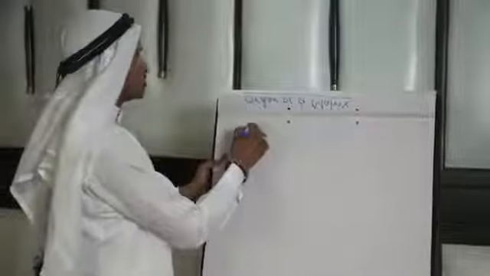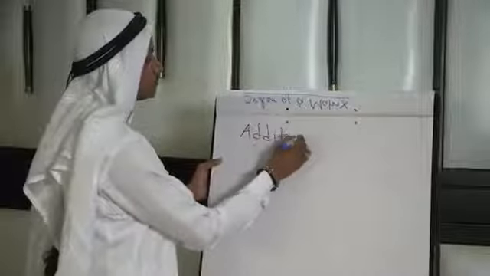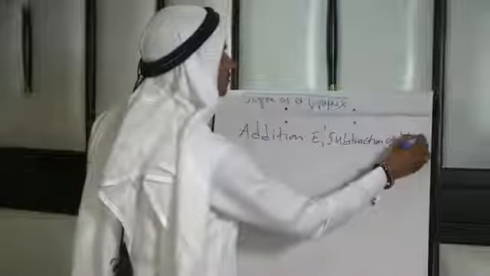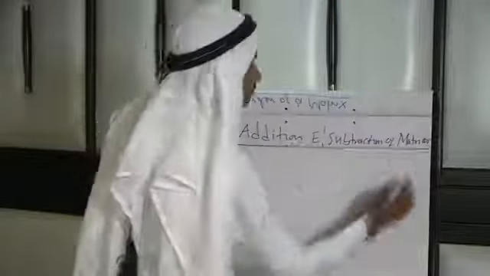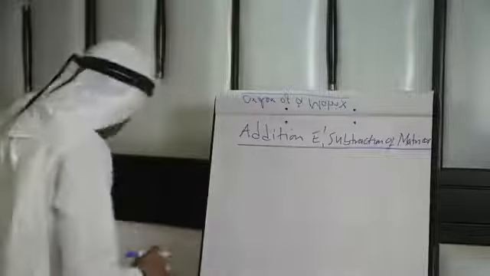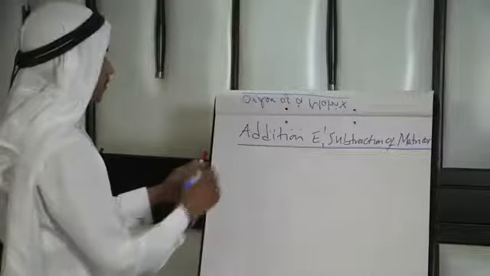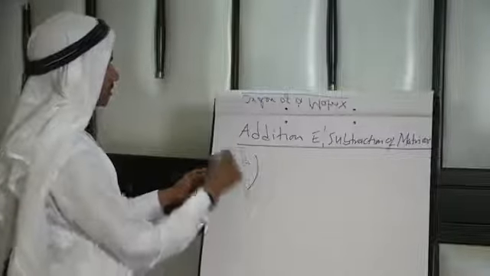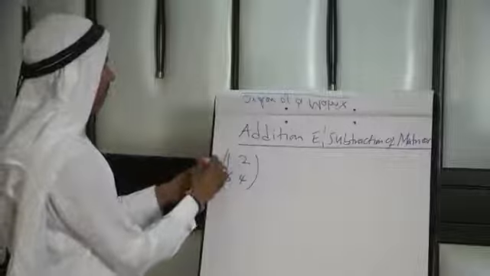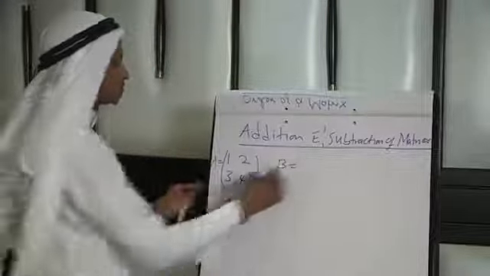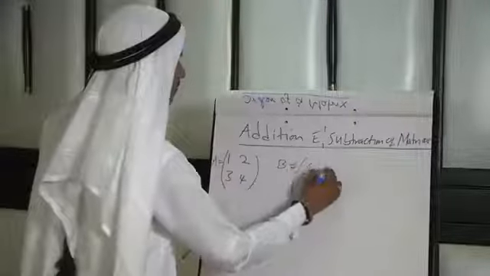So we go to addition and subtraction of matrices. From here I want you to be a little bit keen. If we have a matrix, let's say this is A equal to 1, 2, 3, 4, and B equal to 5, 6, 7, 8.